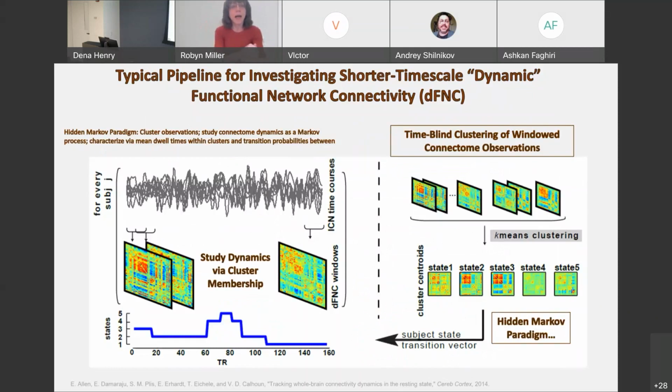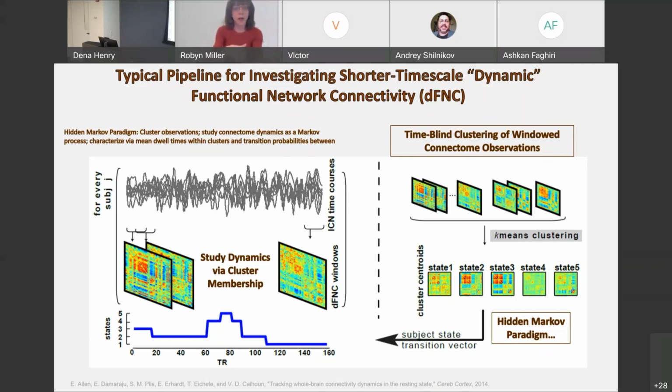The initial pass at what to do with this gargantuan pile of high dimensional data was to throw it in a bag and cluster it, and this is still pretty normatively done. Each of these measurements is time indexed, it belongs to a window, but we drop all that info, pile them up, cluster them, find some cluster centroids, and parameterize the process as a Markov model in which the states are represented by the centroids of the clusters.